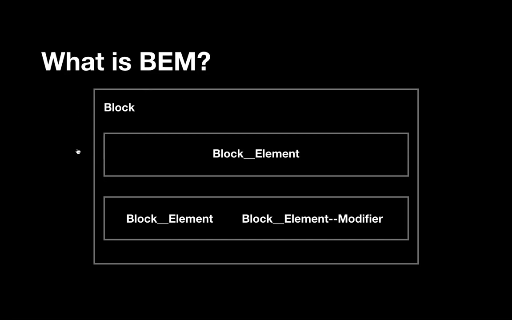So BEM states that every class represents a block, an element, or a modified element or modified block. So with the syntax, if you see this CSS class in this fashion, you would know that the CSS belongs to an element.